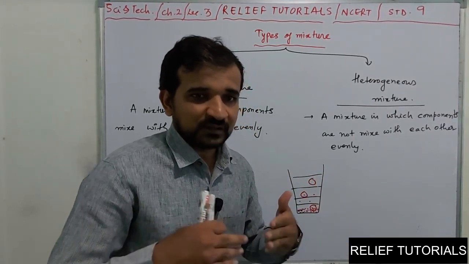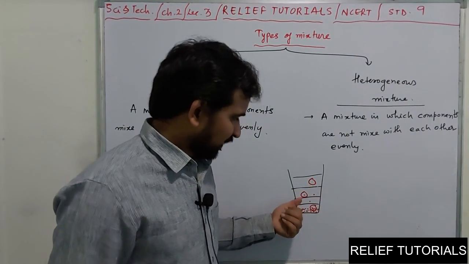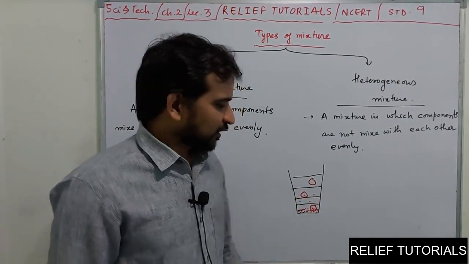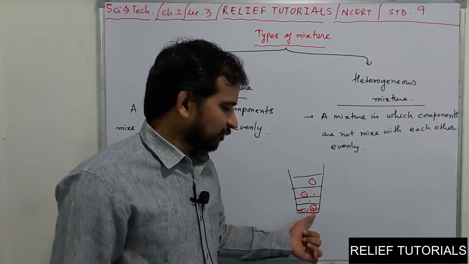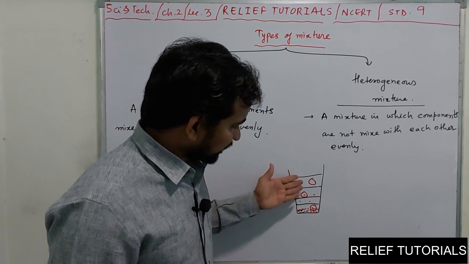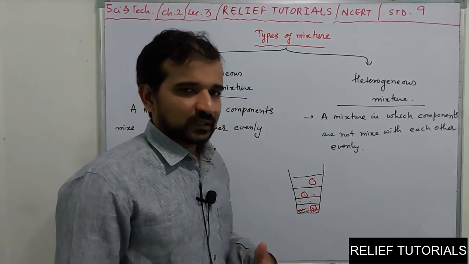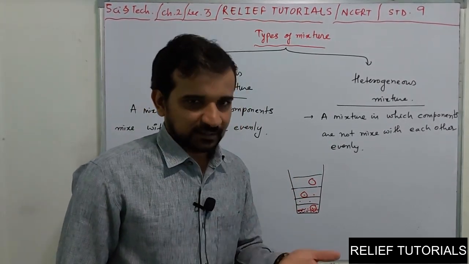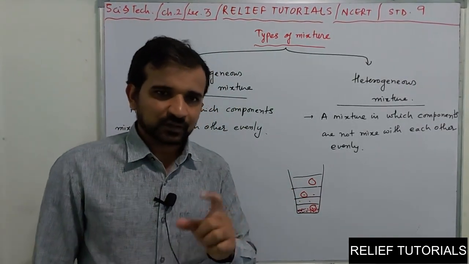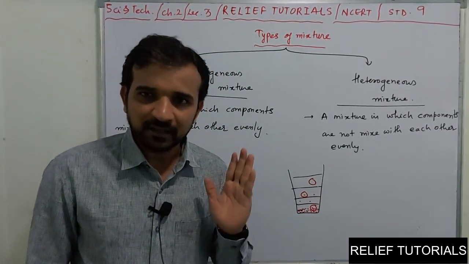No other substance is seen in this sample. In the middle, some particles of clay may be observed, and at the bottom you will find most of the particles of sand. So the composition of the mixture is different in each place. In the homogeneous mixture, the composition, the structure of the mixture is the same everywhere.